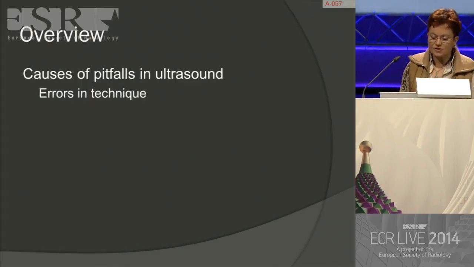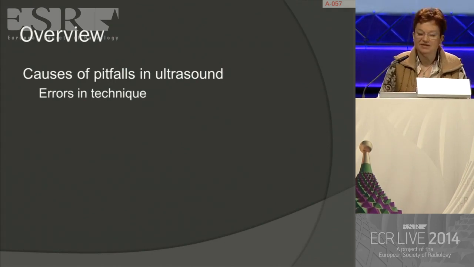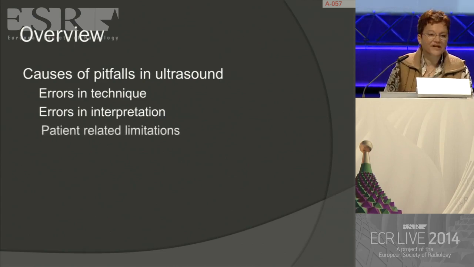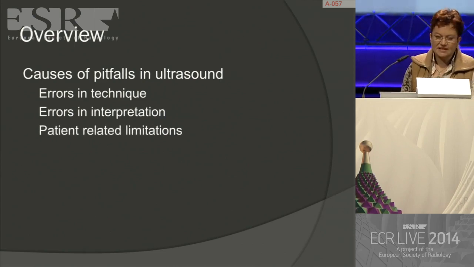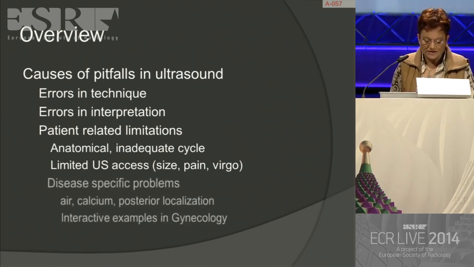We will check the causes of pitfalls in ultrasound that may be due to problems or errors in technique, in interpretation, or patient-related limitations, such as anatomical limitations, inadequate phase of the cycle, or limited sonographic access due to a large mass, pain during mobilization of the probe, or the virgo status of the patient.